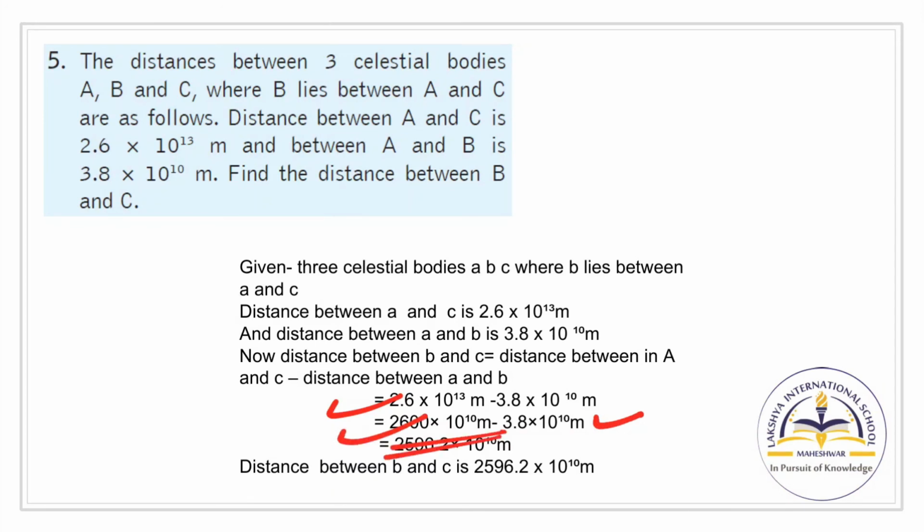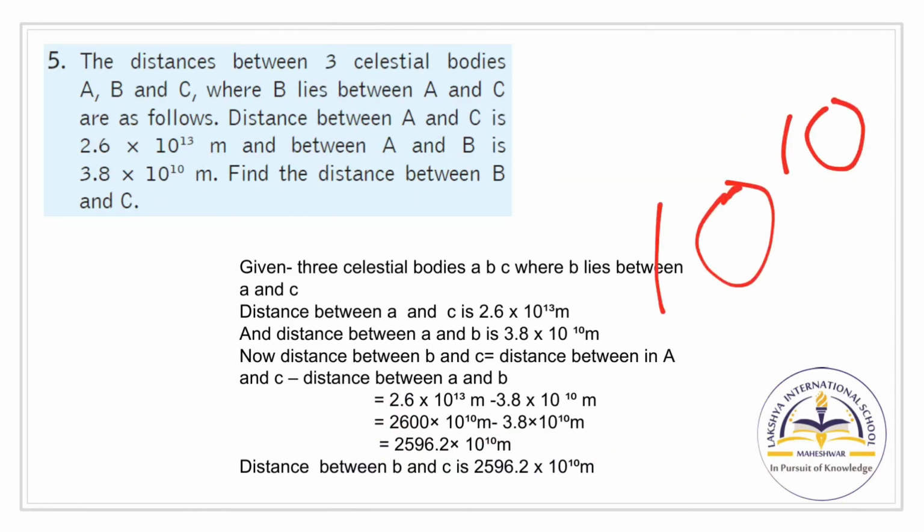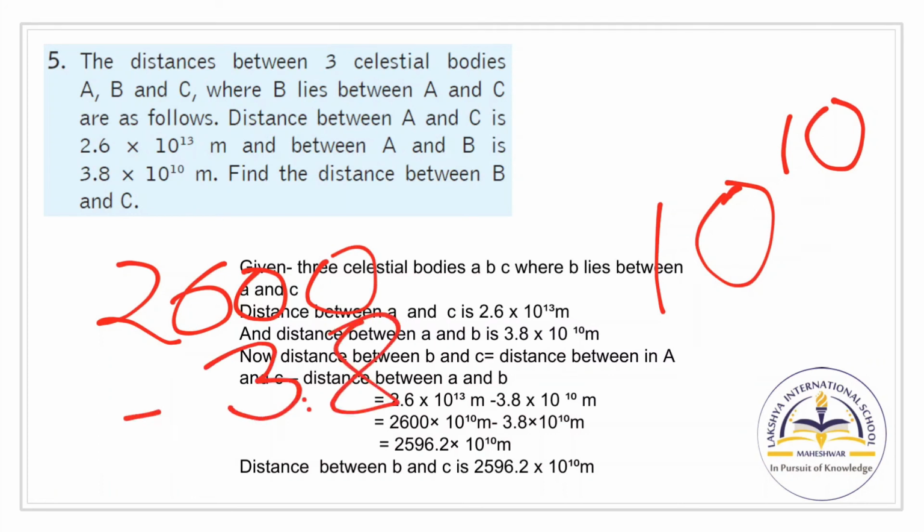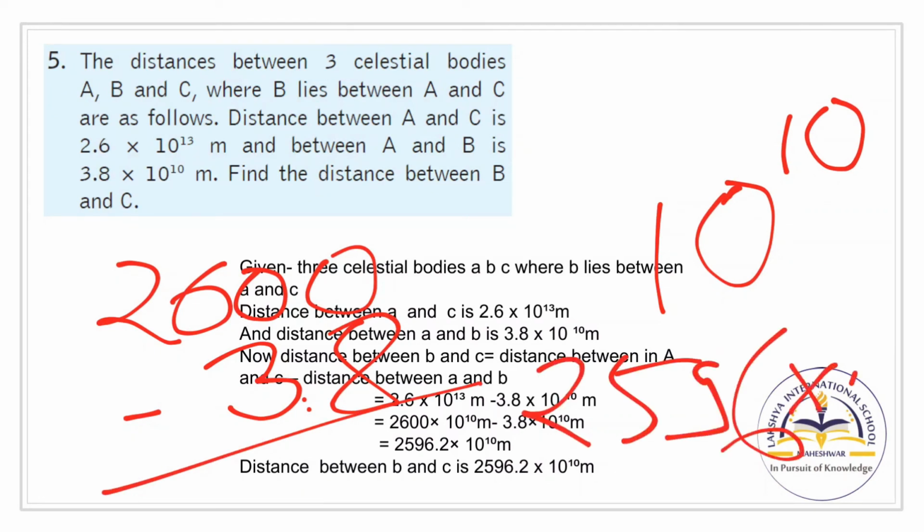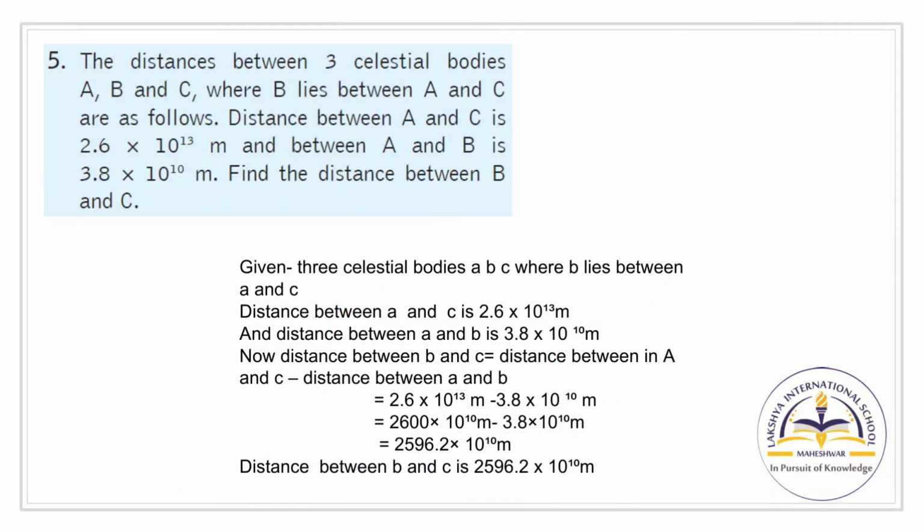We just have to keep the same power, that is 10 to the power 10. So 2600 minus 3.8, when you solve you will get 2596.2 into 10 to the power 10, because the power is the same in both numbers. So the distance between B and C is 2596.2 into 10 to the power 10 meter.